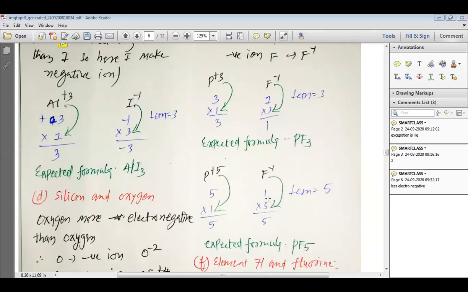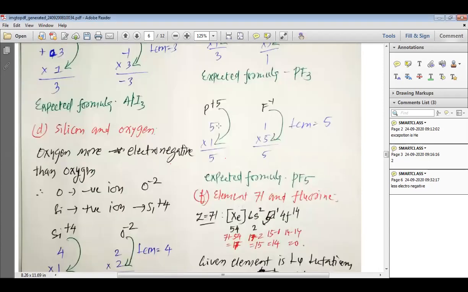So we generally take the charges 5 and 1. The LCM is going to be 5. To get the number, we need to multiply 5 with 1 so that we get 5, and we need to multiply 1 with 5 so that we get 5.